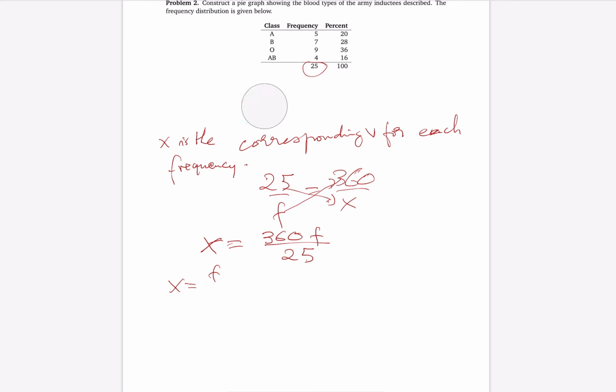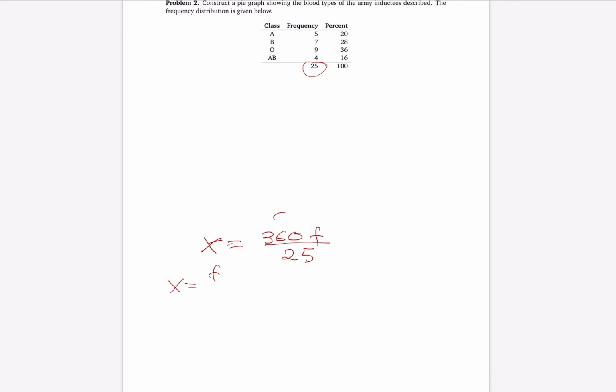So 360 times 5 divided by 25 gives the degree for the corresponding angle. For A, let me check my calculator, it is 72 degrees.